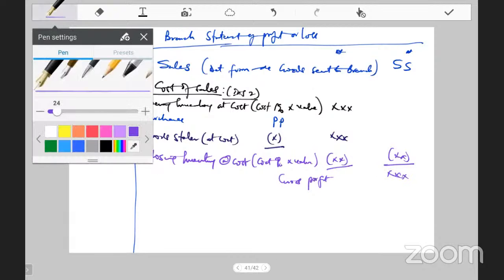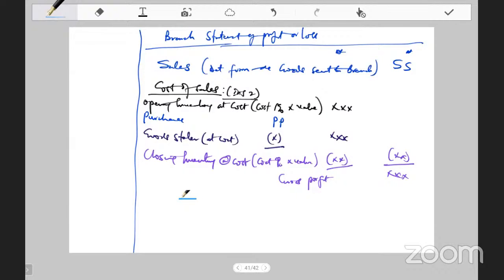After getting the gross profit, we'll now remove all the operating expenses. What are the operating expenses that we can have? We have the discount allowed, we have the bad debt, all this value and others.